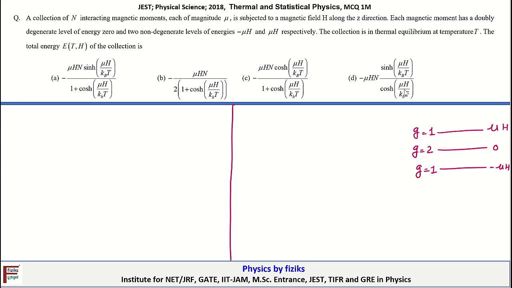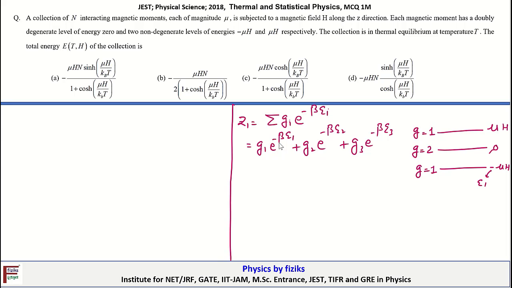For one single spin the partition function Z1 is, by the basic definition, the sum of g_i exponential minus beta E_i. So this is g1 exponential minus beta E1 plus g2 exponential minus beta E2 plus g3 exponential minus beta E3, where g1 is equal to 1, g2 is equal to 2 and g3 is equal to 1.